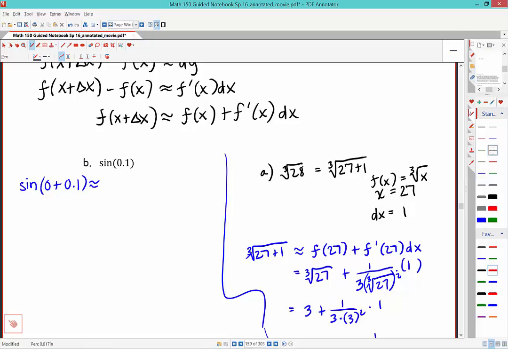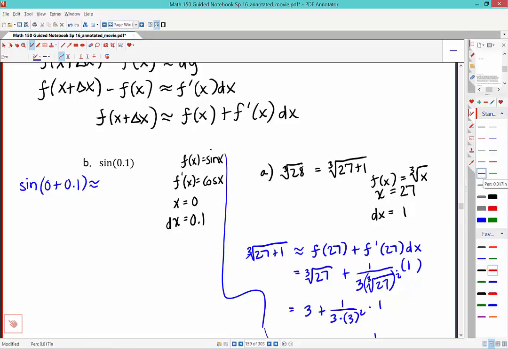If we go on the side, f of x is sine at x, right? Let's go ahead and do the derivative in general. f prime of x is cosine at x. x is 0. dx is 0.1. And I think then we'll have everything.